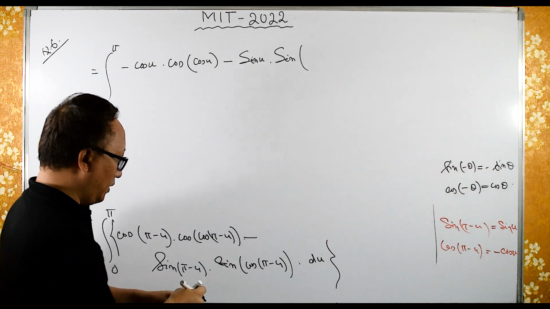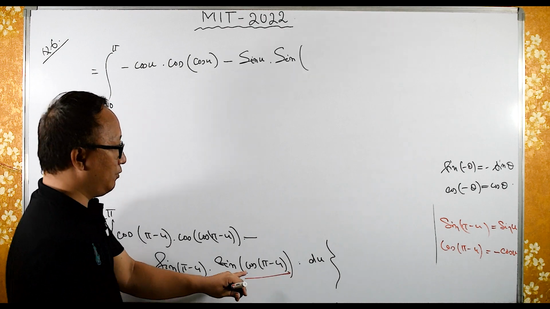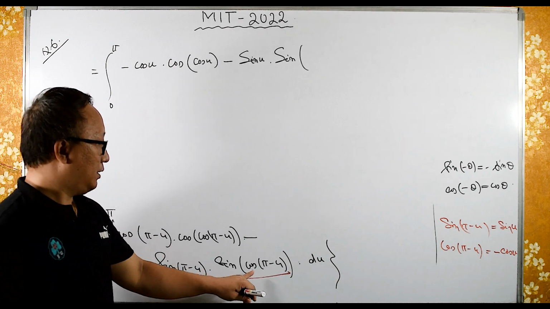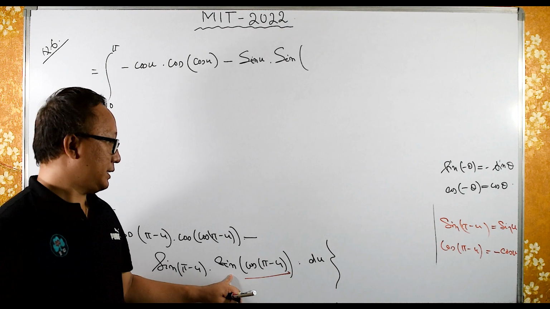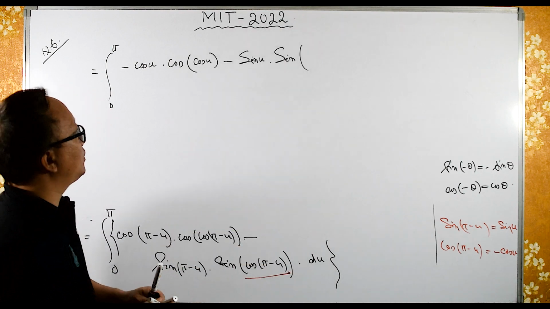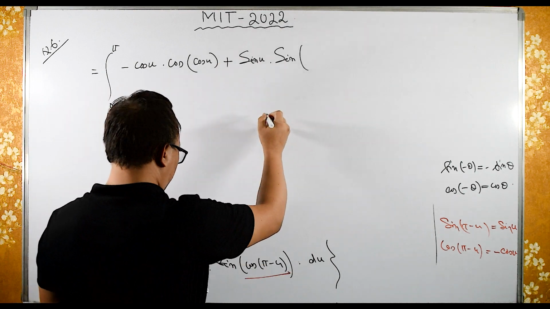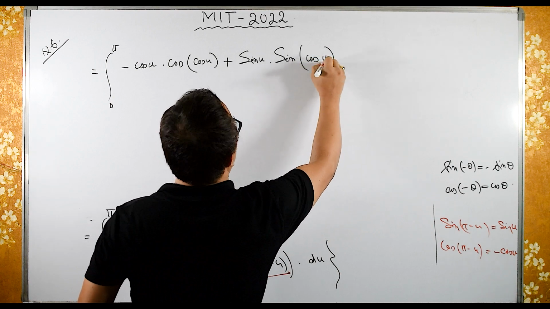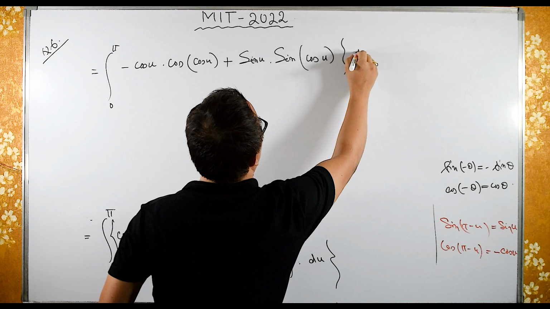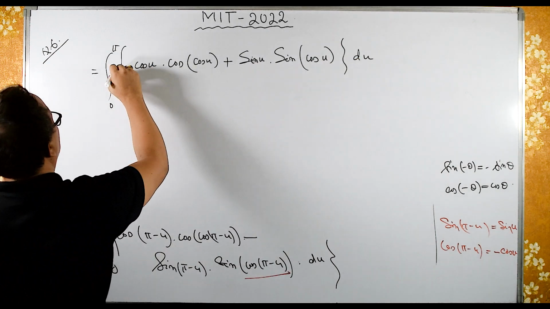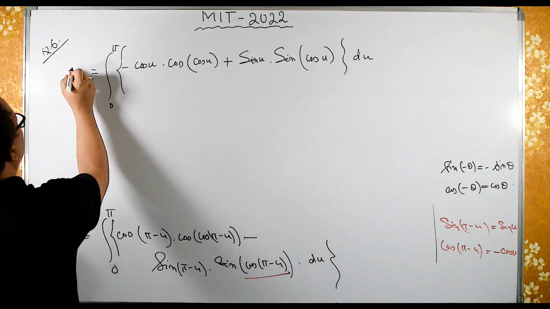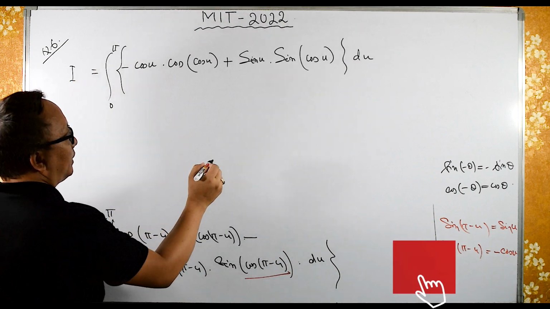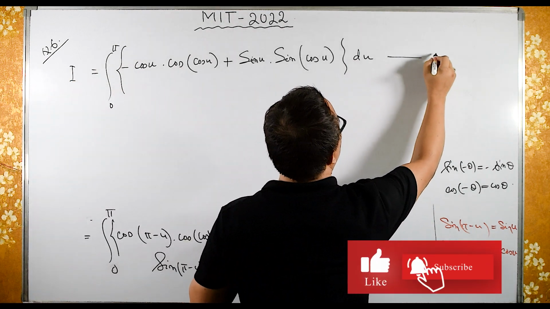Cos of pi minus u means minus cos u, and sin of minus theta is minus sin theta. So here we have plus sin of cos u whole du. Let's call this I, and this is equation number 2.